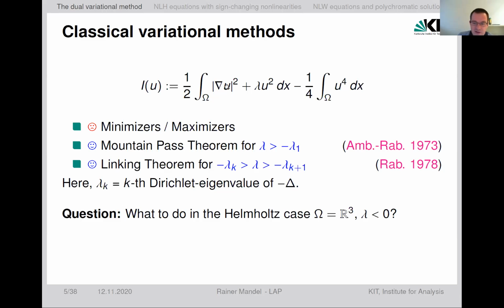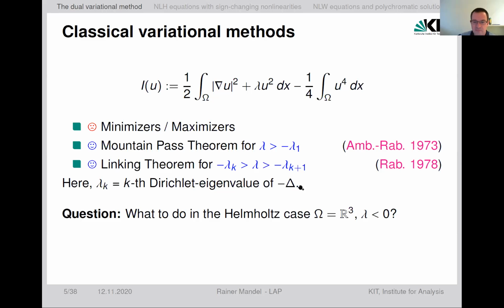So it's not even just that you cannot find a critical point theorem in the literature which could work for the Helmholtz case. It is even, or it should be even, impossible. I say should because if we add some extra conditions, then one can make this rigorous, because one knows that solutions of the Helmholtz equation, so solutions of minus Laplacian minus lambda u equals some right-hand side, cannot be in L2.